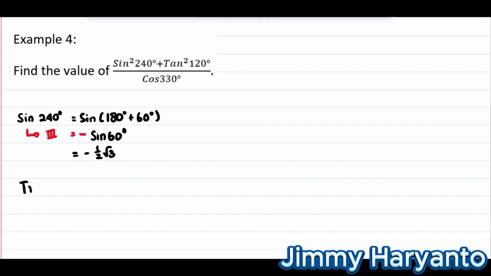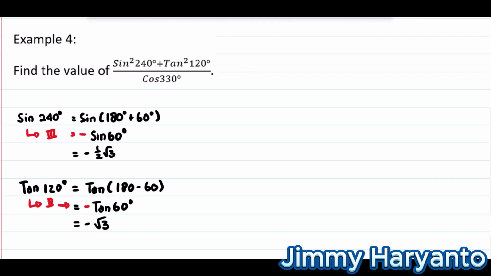How about tan 120? Tan 120 degrees equals tan, open brackets, 180 minus 60. That means this one lies in the second quadrant. Tan in the second quadrant is negative, and then we can ignore the 180, so it will be tan 60 equals negative square root of 3.